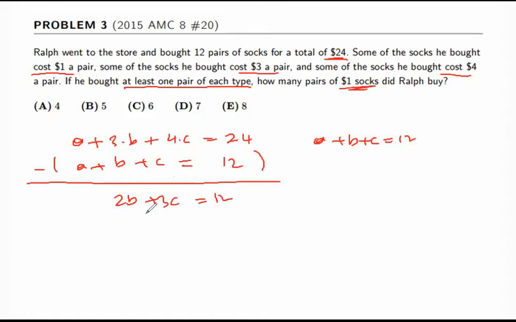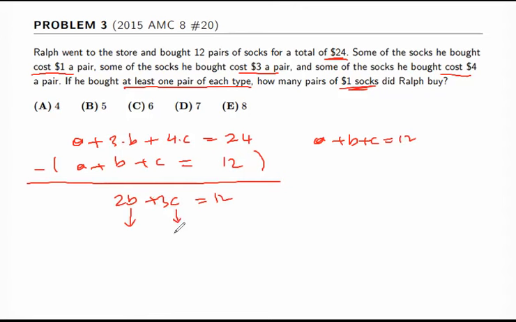You have to have integer values for B and C, because B and C represent the number of pairs. If I choose 4 for C, that's 12, which means B has to be 0. But B has to be at least 1, so we cannot choose 4. So we can go with 3. But if I go with 3, that's 9, and I cannot have a whole number for B because that would be 1.5.